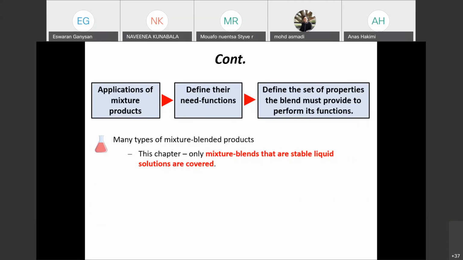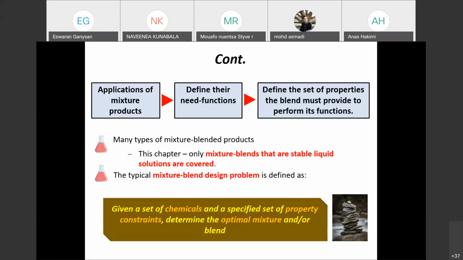There are many types of mixture blend products, but for this part we only cover mixture blends that are stable liquid solutions. So the mixture blend design problem we can define as: given a set of chemicals and a specified set of property constraints, determine the optimal mixture or blend.